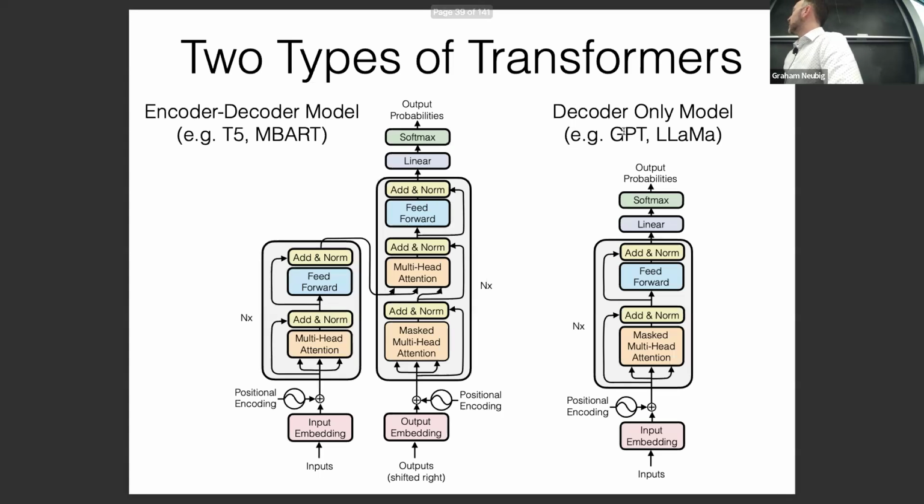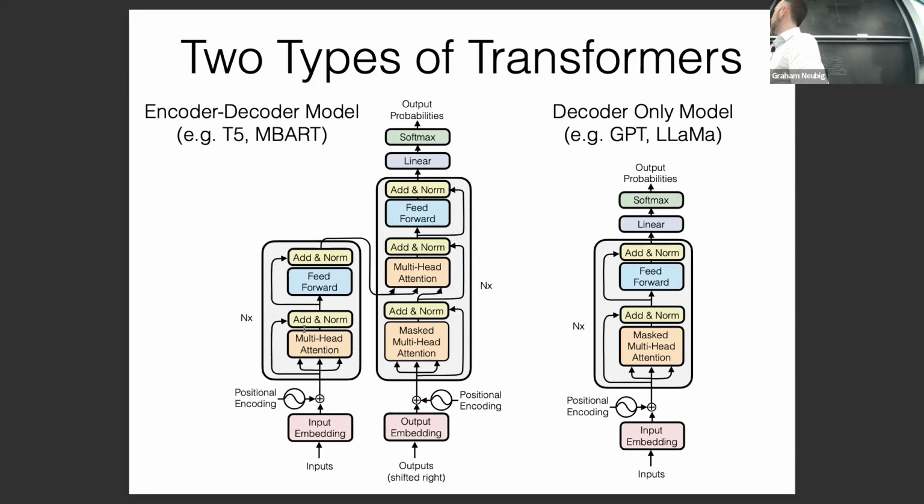So here are the architecture diagrams between them. And what you can see is a decoder-only model only has a single model here, where the encoder-decoder model has an encoder and a decoder like this. So the way the transformer works is you have an input embedding, you have something called positional encodings, which I'll talk about a bit.